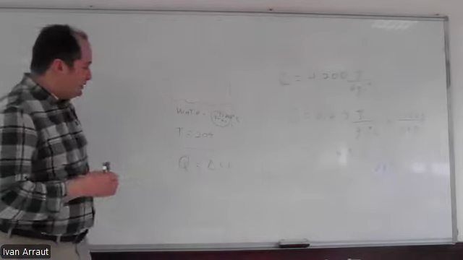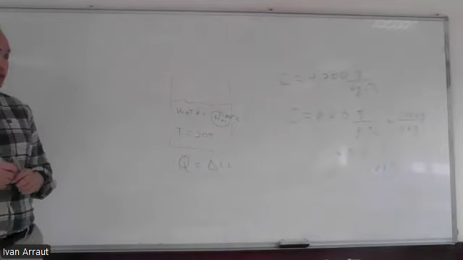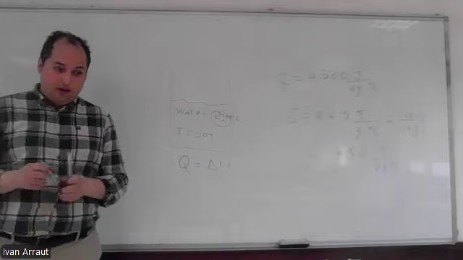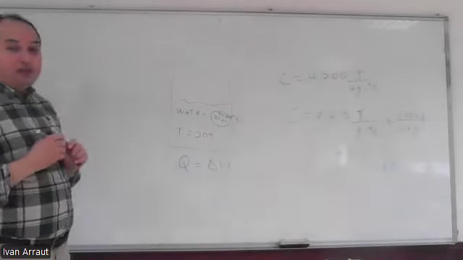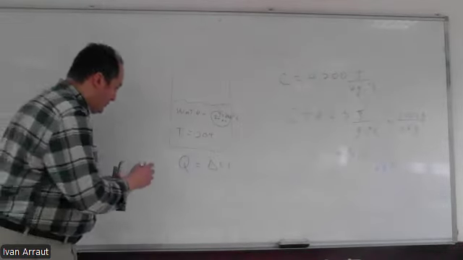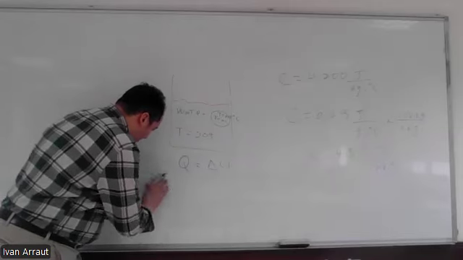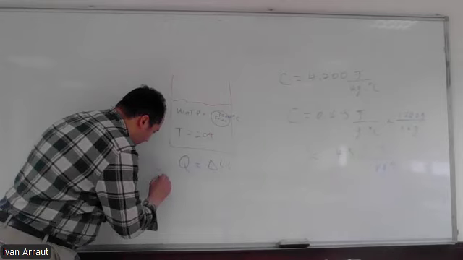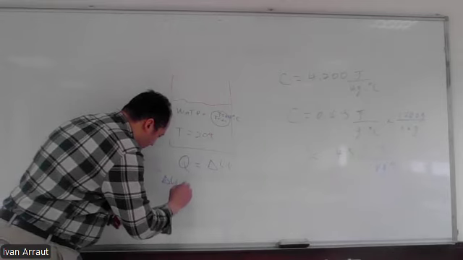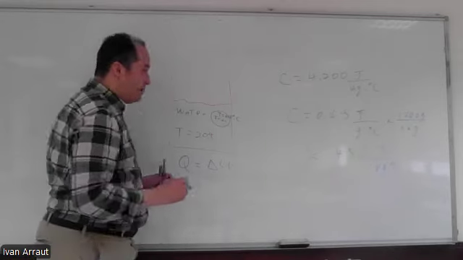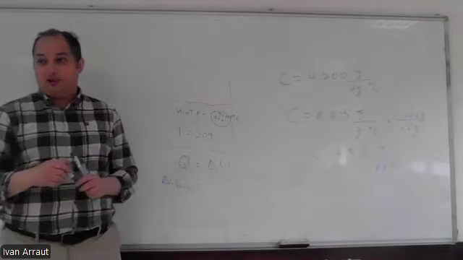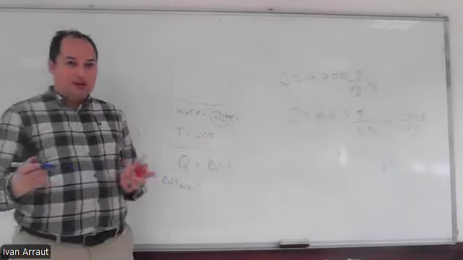Then let's apply. What is the change of internal energy of the water, assuming a constant heat capacity? Let's do it in order here. Water. It will be the mass. I have to give you the mass of water. I didn't tell you the mass of water.